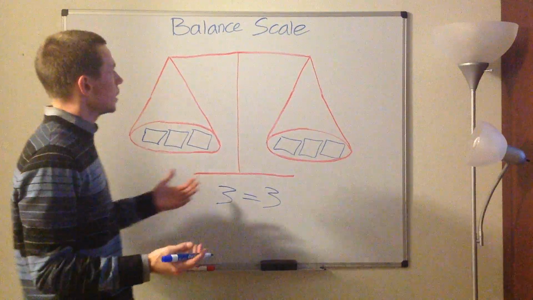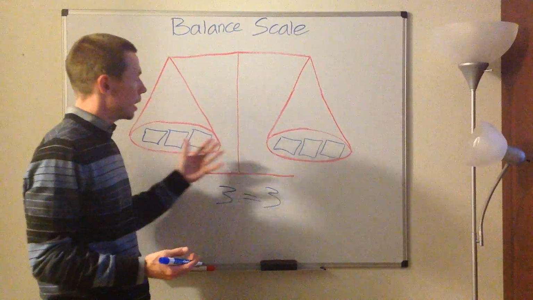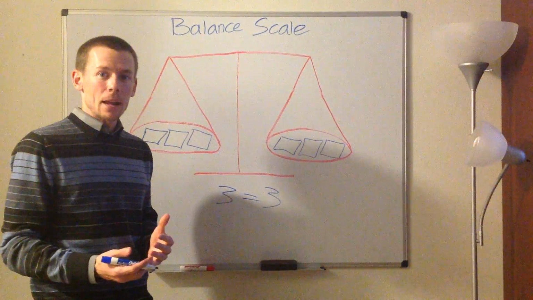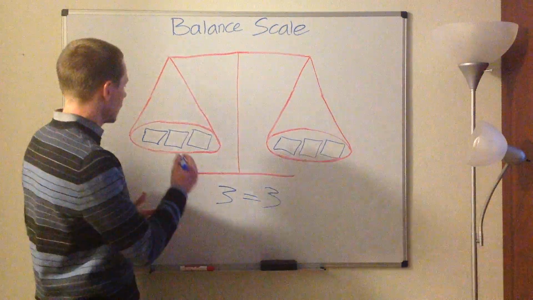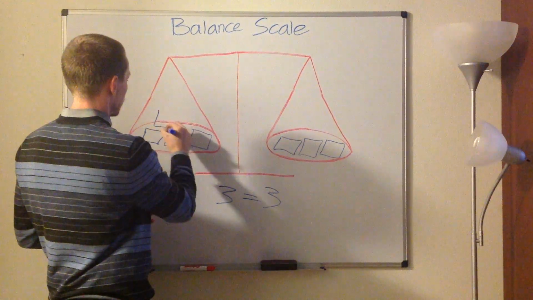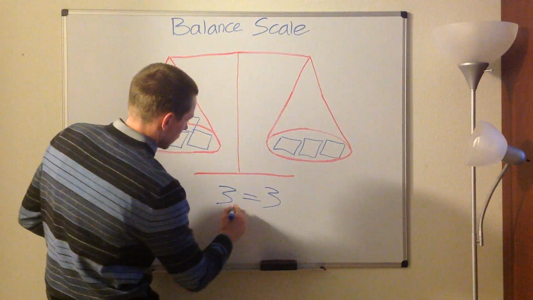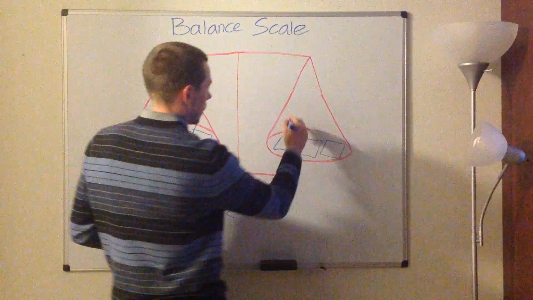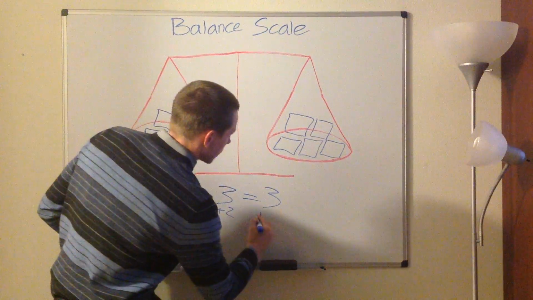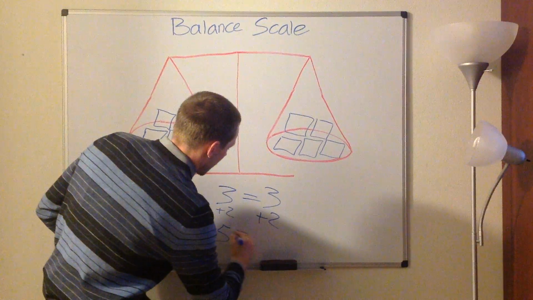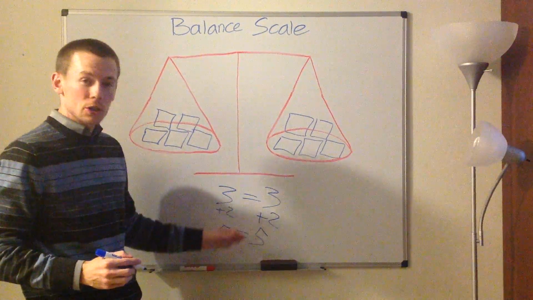Okay? Now the addition principle for equations says, as long as we add the same thing to both sides, we're going to remain in balance. Or in other words, our equation will remain equal. So if I add, say, 2 more blocks, as long as I add 2 more blocks to the other side, I might have different numbers now, but my equation is still true.